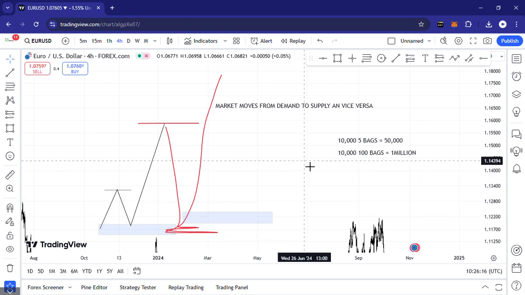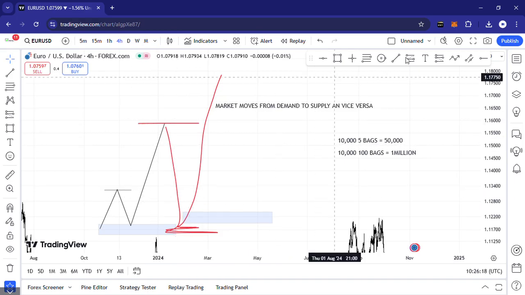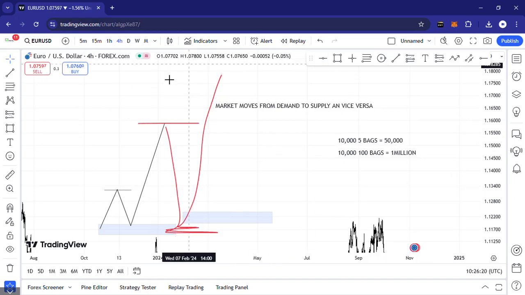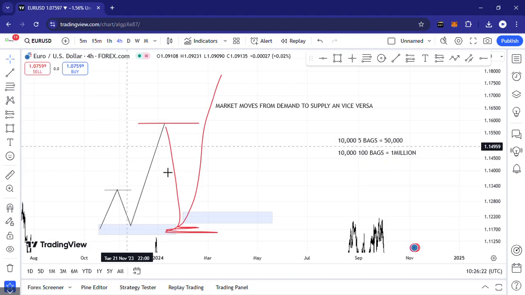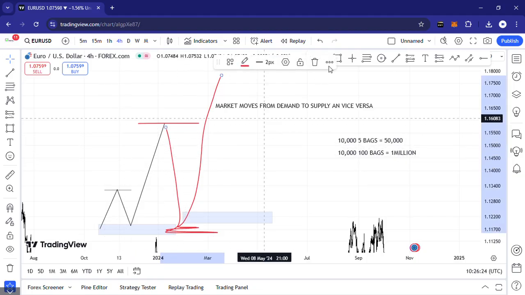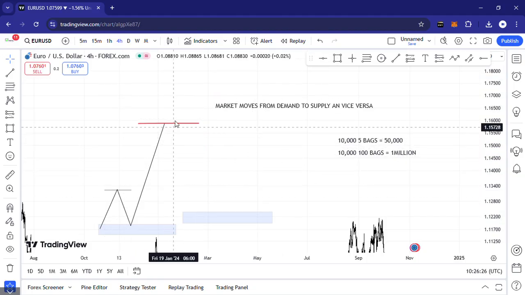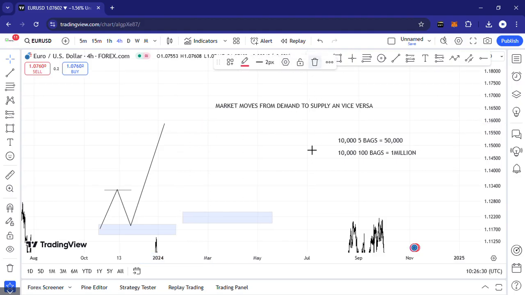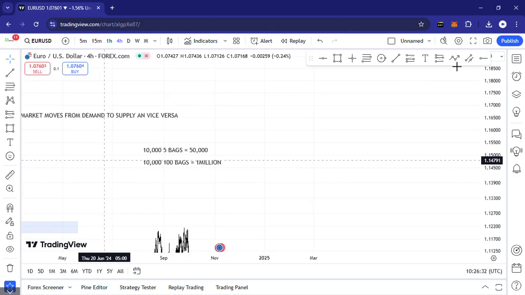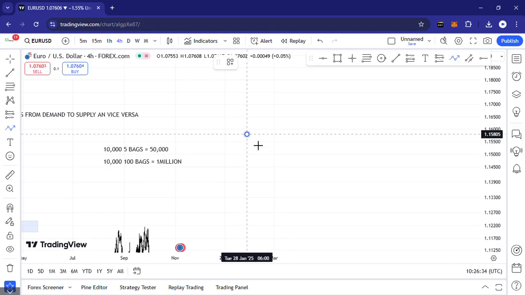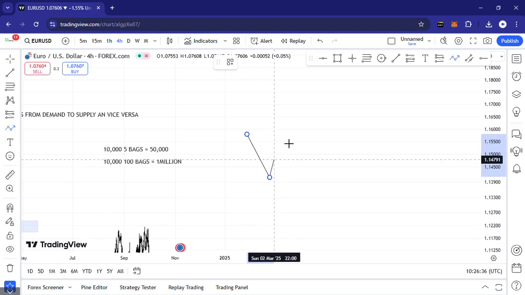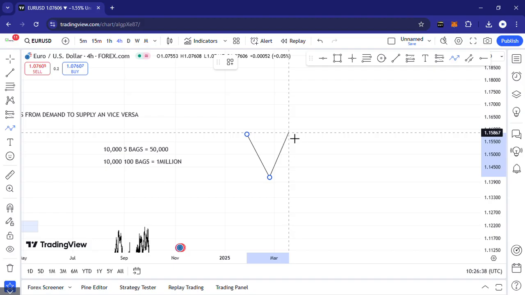The same thing vice versa for supply. Supply zone is the area whereby there is a lot of selling pressure, a lot of selling orders patiently waiting. Let's say you have 50 bags of rice and you heard that the price will be coming down.